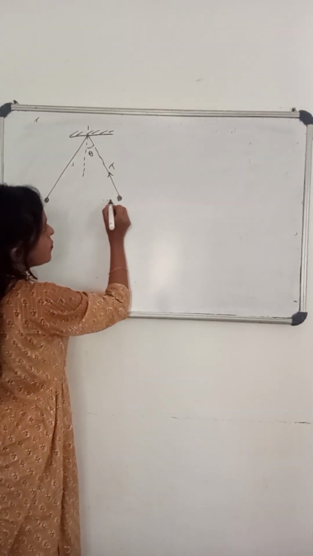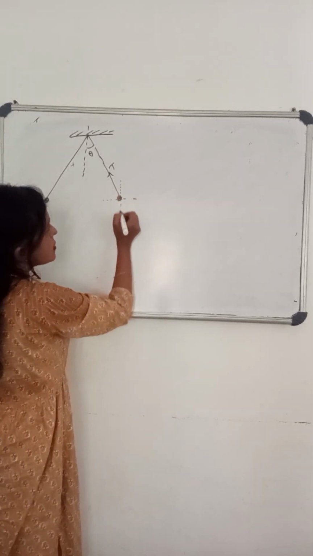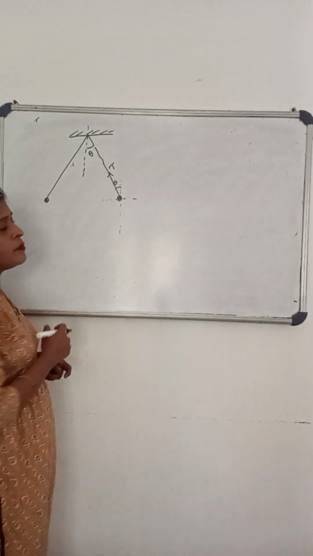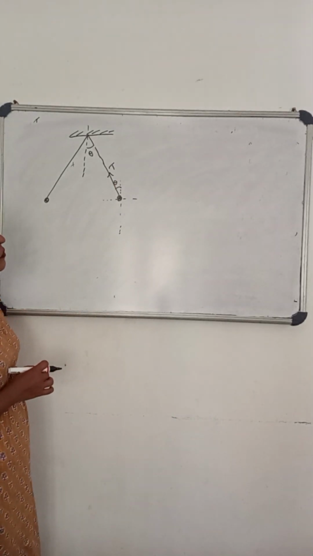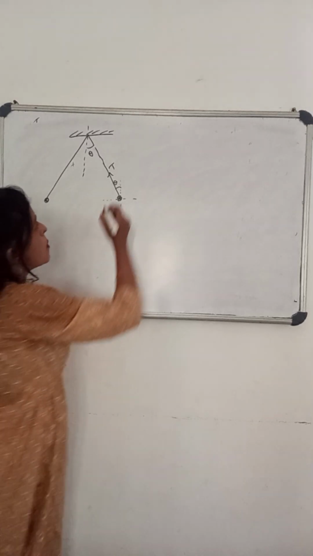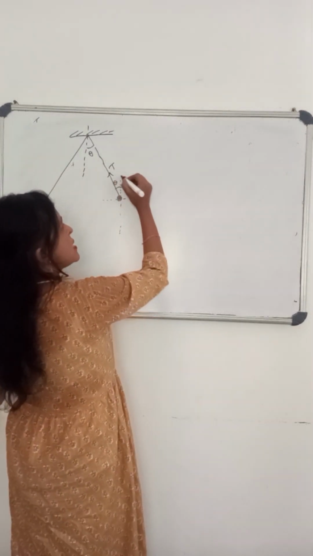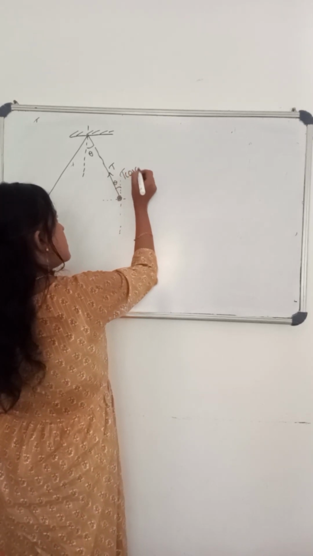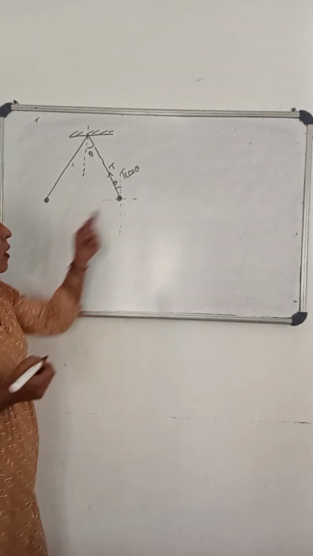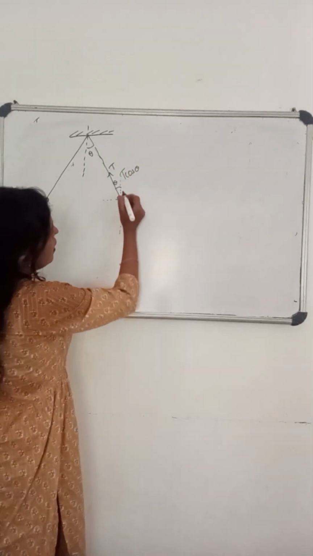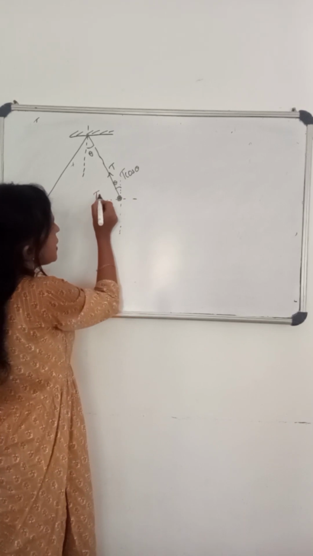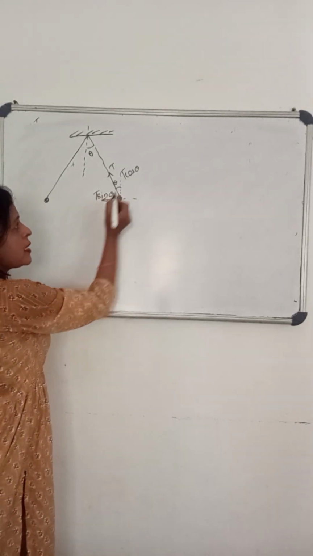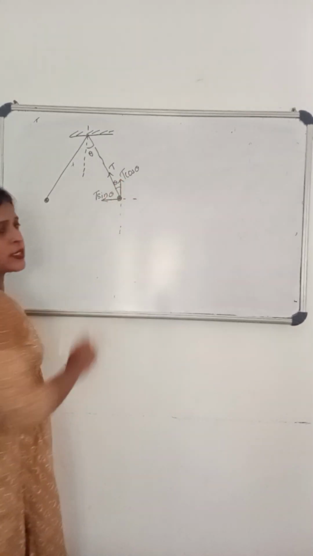If you are considering this is the angle theta, what is this? T cos theta. And what is this? T sin theta. T sin theta in this direction, T cos theta in this direction.